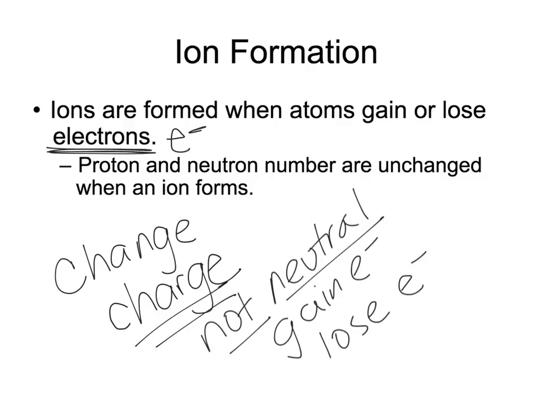So since it's not neutral, if I were to gain electrons, I'm gaining negative charge. So that means that my overall charge is going to be negative. If I lose electrons, then that means I'm going to have more protons than electrons, so my overall charge is going to be positive.